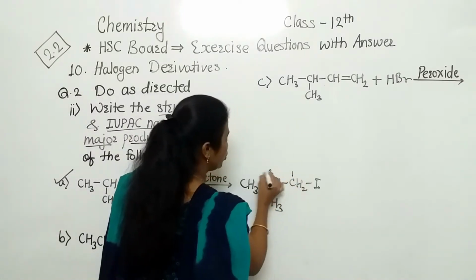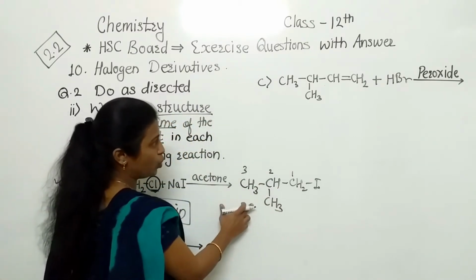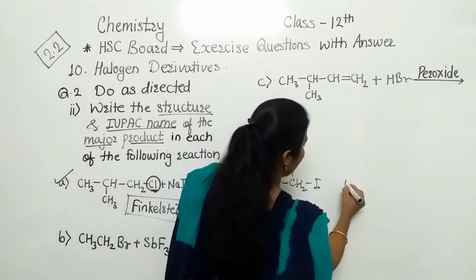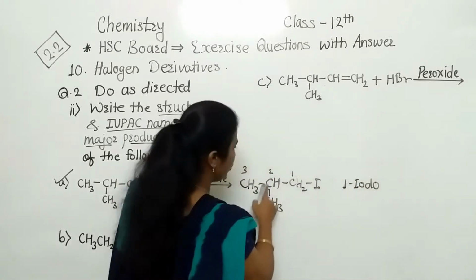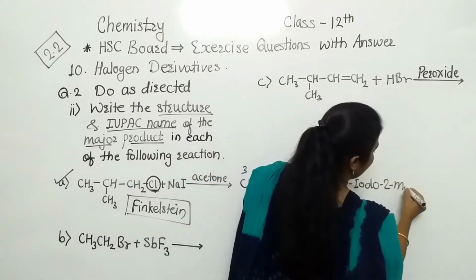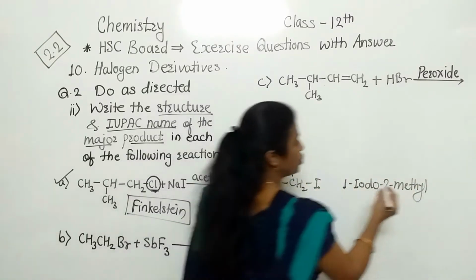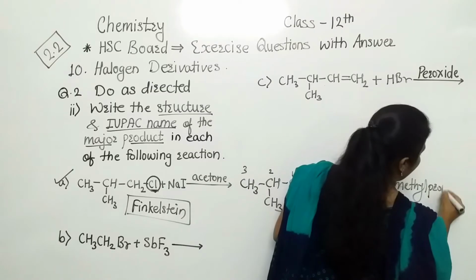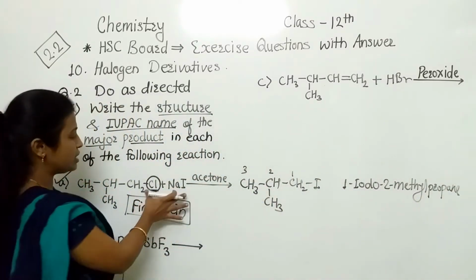So 1, 2, 3. At second position, one methyl group is there. So its IUPAC name will be 1-iodo-2-methyl, number of carbon is 3, so it is propane. So this is the correct IUPAC name and correct answer of this first question.